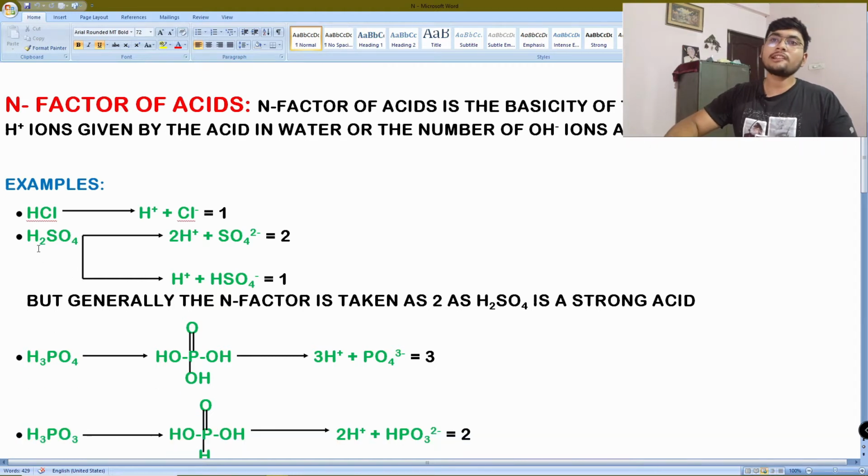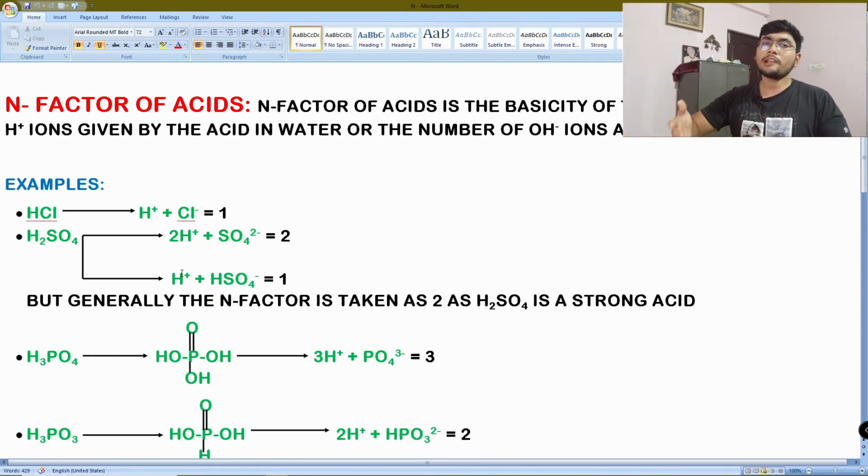Now the second case is sulfuric acid. In H2SO4 there are two ways of dissociation. The first way is that it liberates both hydrogens, as 2H+ and sulfate ion. If it gives 2H+, then the n factor will be 2.